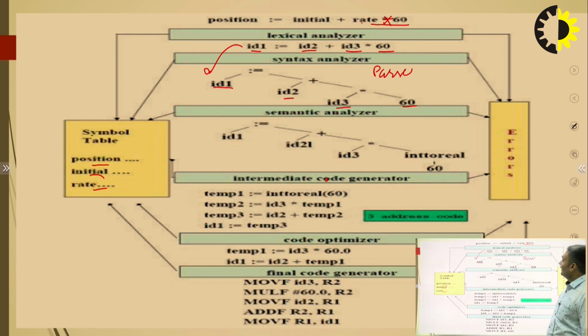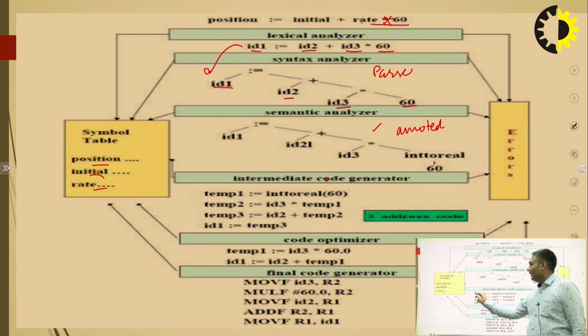So syntax analysis will produce the parse tree. The semantic analyzer will produce the parse tree too, but it is a more annotated parse tree. There will be more data structure in this tree. That is the only difference between this parse tree and this syntax tree.